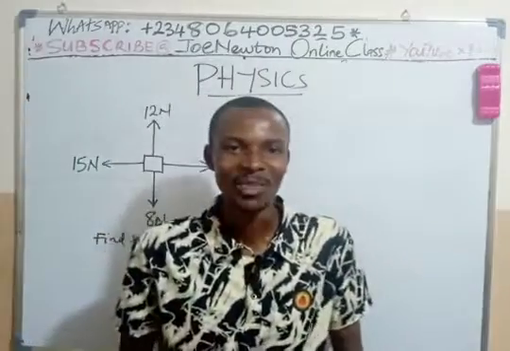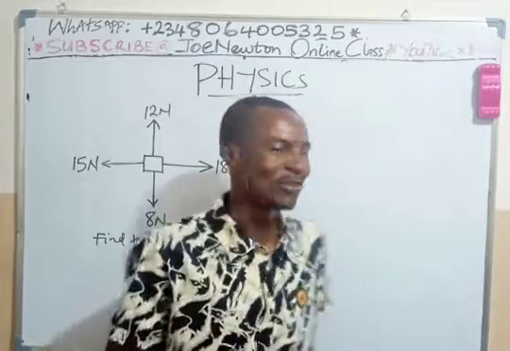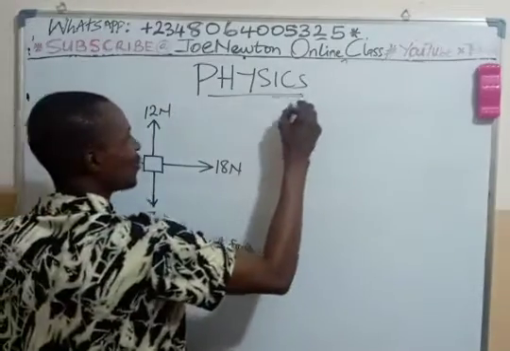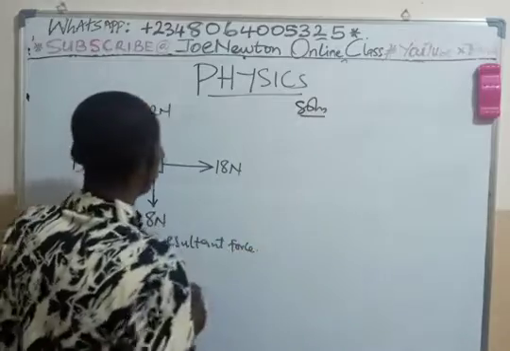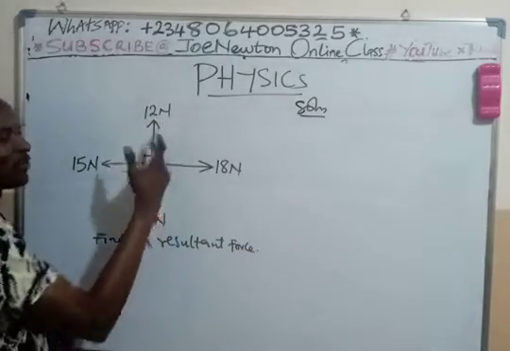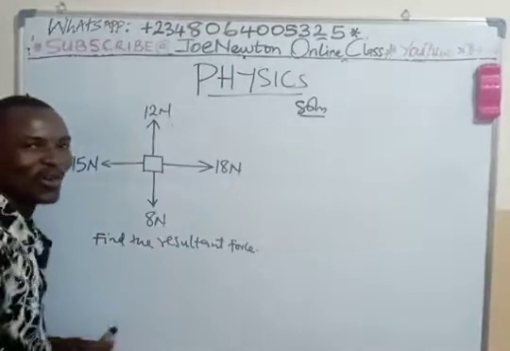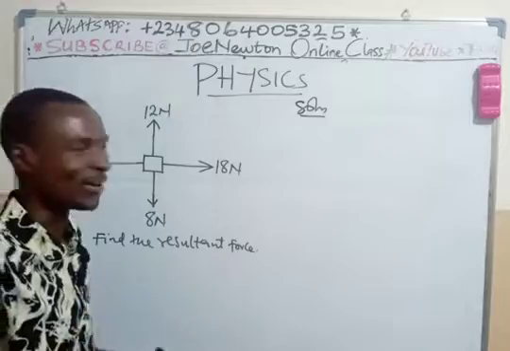Very simple. What we need to do is to look at these forces and resolve this way. Solution. If you look at this, these are opposite forces. Because the vectors are in opposite direction, we subtract as we resolve.